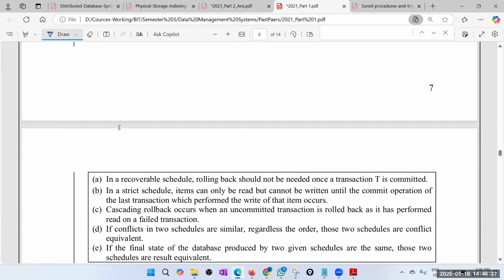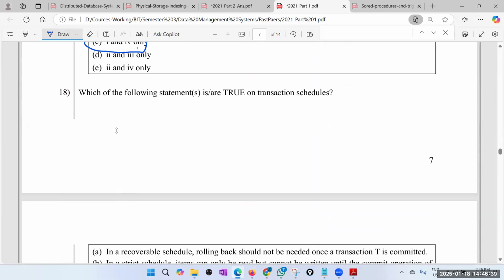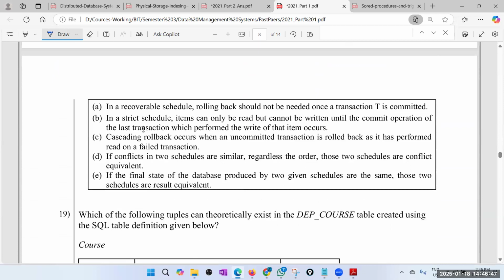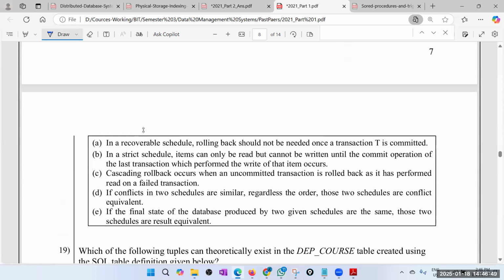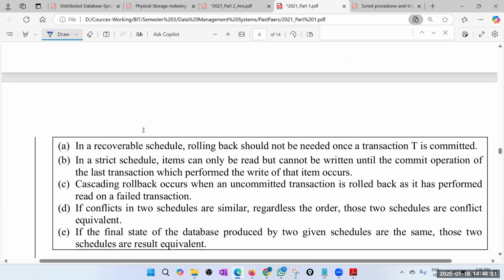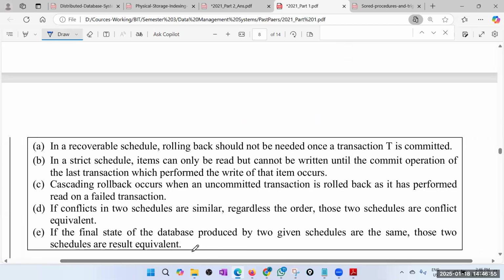18. Which of the following statements is true on transaction schedules? In a recoverable schedule, that means you can recover. Unrecoverable means the other transaction has already committed. Recoverable means maybe you have an issue, but you can recover it.